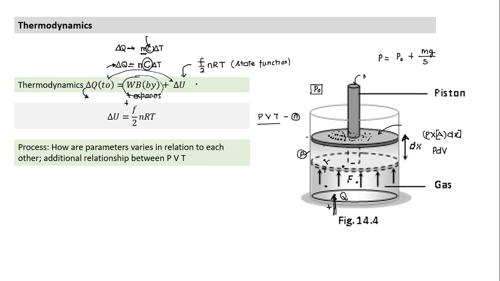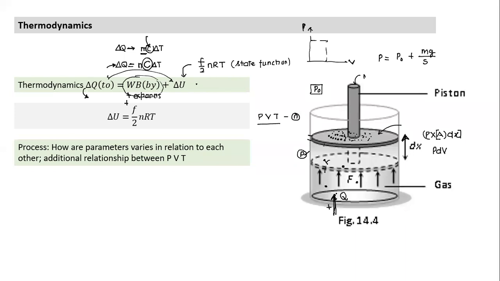Second thing, what I can do, if the piston is here, I fix the position of the piston and then I supply the heat. When I fix the position of the piston, it means the piston cannot move, so the volume cannot change. In the first case the pressure is the same, so let's try to understand what will happen if the pressure is kept constant on a PV diagram. Suppose there was some initial pressure and some volume.